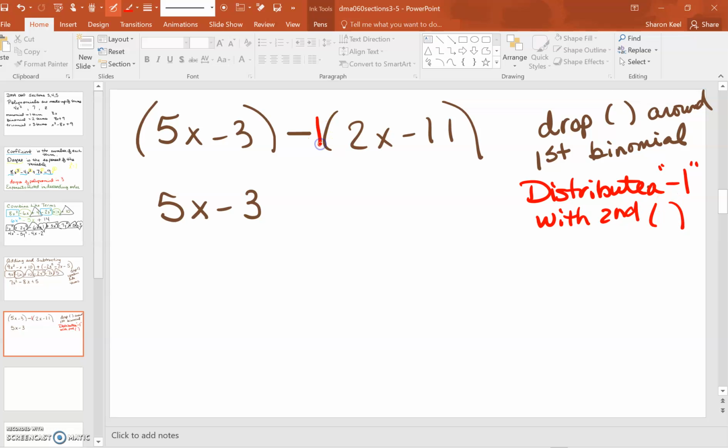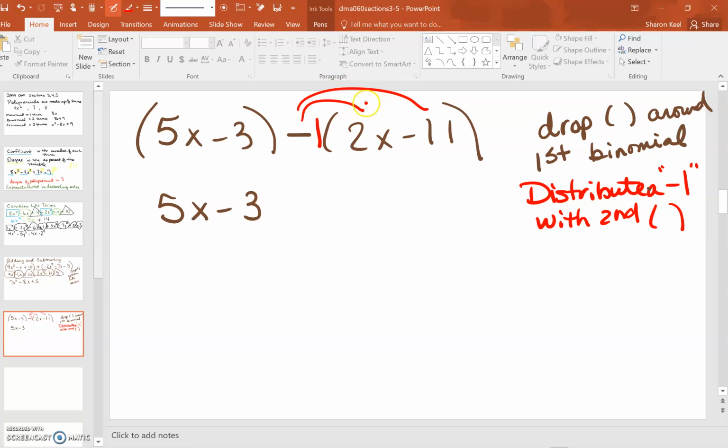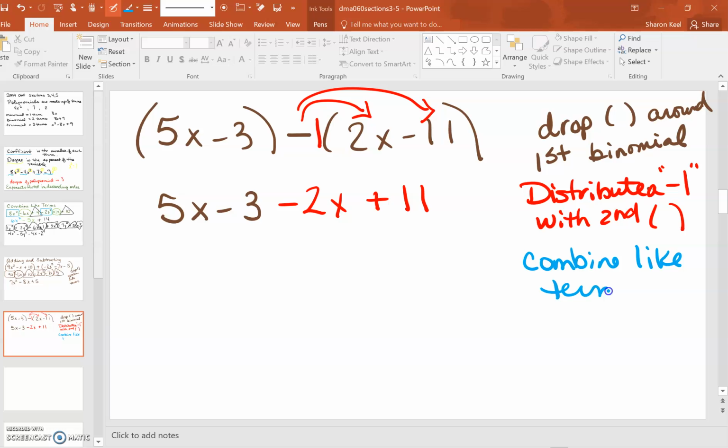So this is like an understood -1, and when you distribute that, -1 times 2x is minus 2x, -1 times -11 becomes a positive 11. So when there is a subtraction, you are just going to distribute that -1, which is going to change those signs. And then last, all we have here is to combine like terms.